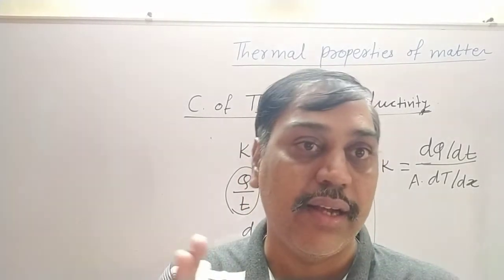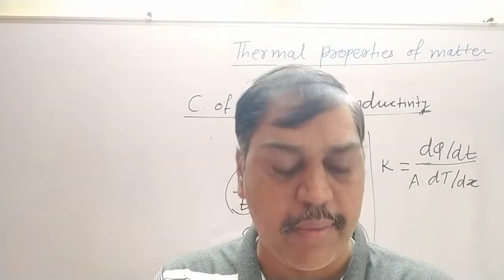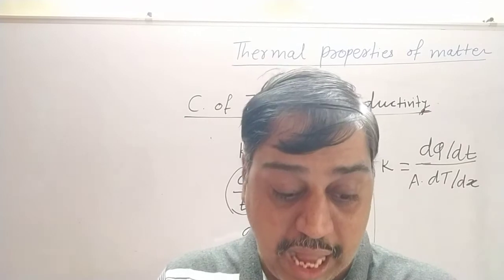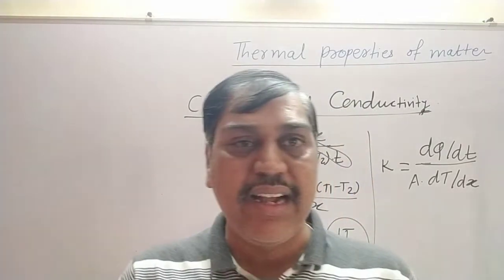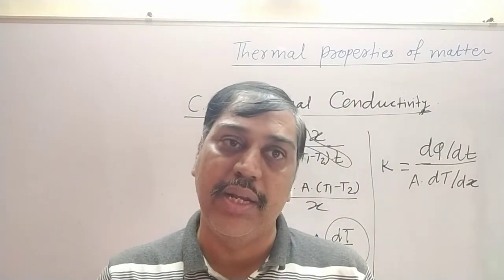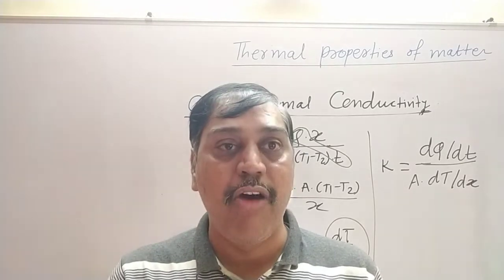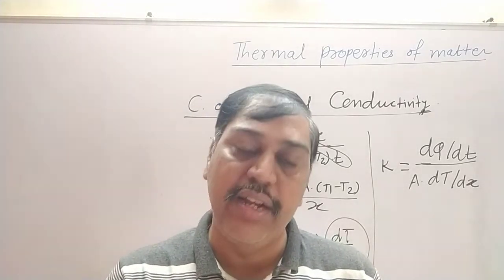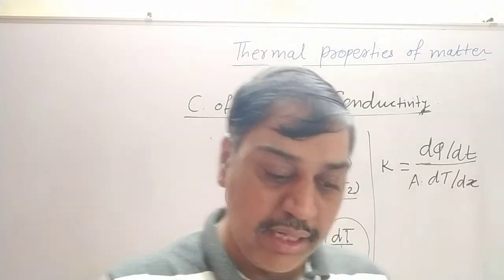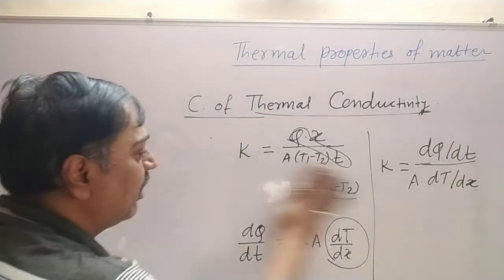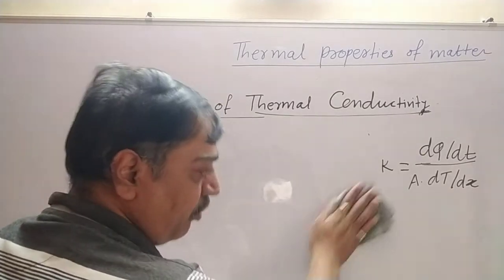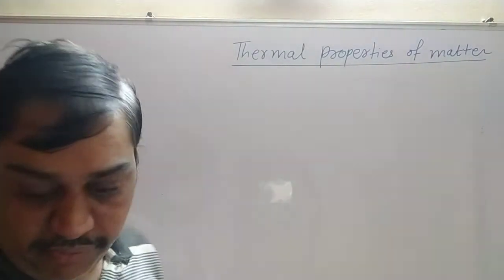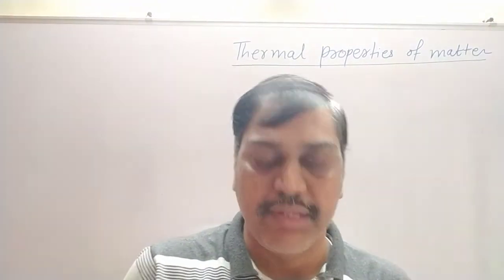If heat is conducted well by the material, it is said to be a good conductor of heat, and its thermal conductivity is high; for a bad conductor of heat, thermal conductivity will be less. How much heat is conducted by the material can be explained in terms of thermal conductivity, given by this constant K, which is the coefficient of thermal conductivity.